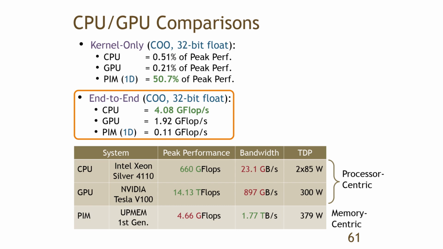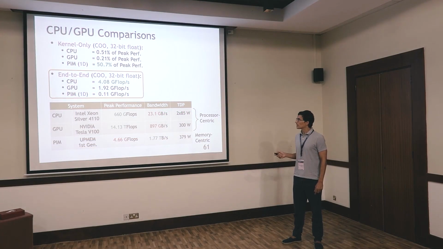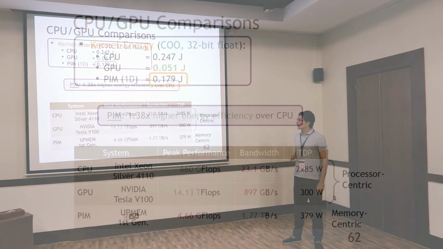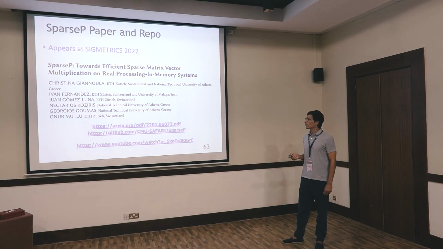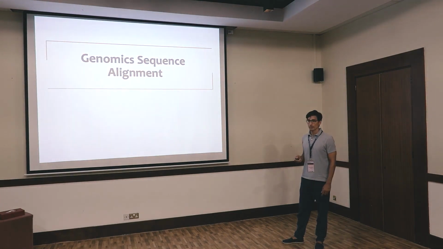So probably this is the worst case for the PIM system, and that's what makes this large performance difference. But still, the PIM system is more energy efficient than the CPU. As you see, 38% more efficient. Anyway, you can find many more details in the paper that was published in SIGMETRICS last year. And there are lectures as well, and the code is also publicly available.